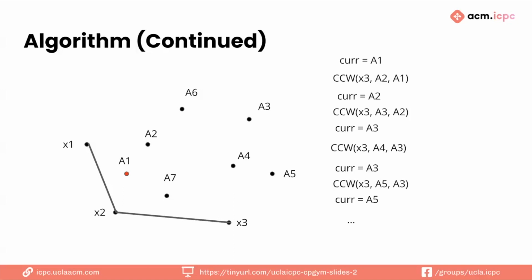Or I guess it would be easier to say, if you see that the 3 points are ordered counterclockwise and your current result is the last point you're seeing, then the middle point is obviously to the right of the last point. So it makes sense to update the result to the middle point.